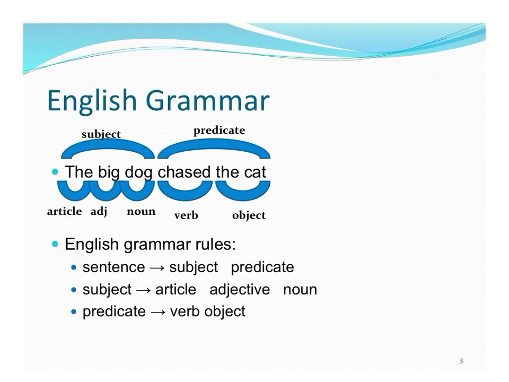Of course, English grammar is much more complicated than the grammar of many languages, but we could say that in order to create this sentence, we had to say, well, a sentence is made up of a subject followed by a predicate. And what's a subject? Well, a subject is built out of an article followed by an adjective followed by a noun, and so on, right? So we can talk about the rules of English grammar, or at least the rules for constructing sentences like this.